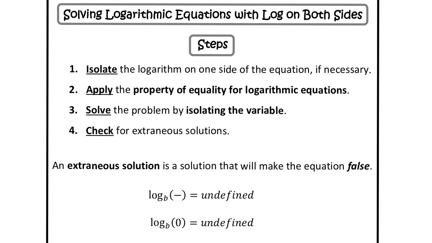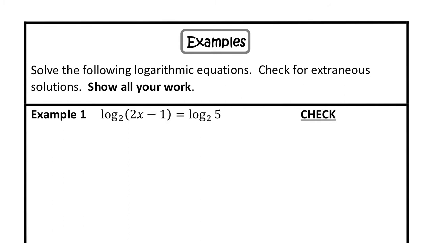All right, so let's look at examples. First example, solve the following logarithmic equations, check for extraneous solutions, show all your work. Basically we want to see, do we have a log by itself? We actually have a log by itself on the left side and a log by itself on the right side.